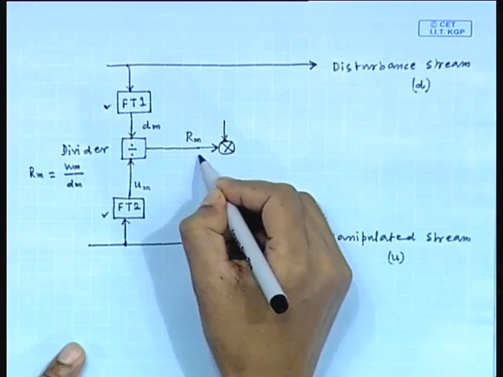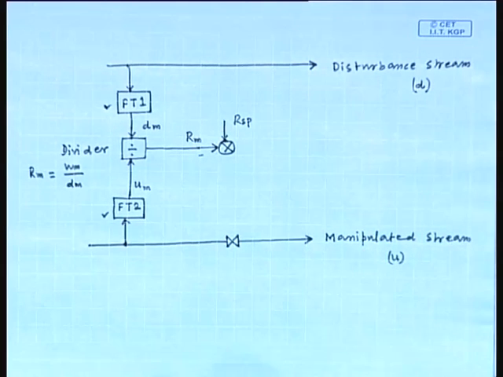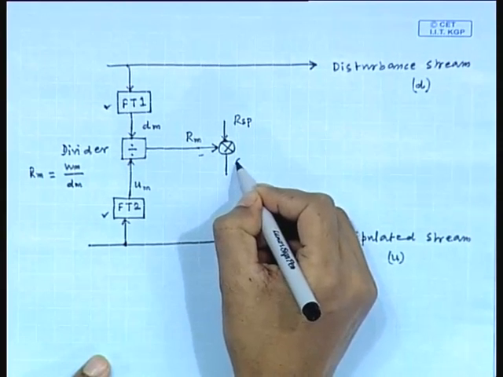This measured ratio is compared with the set point value of reflux ratio R. RSP is the set point value of the ratio. So, the output of this comparator is basically the error signal.